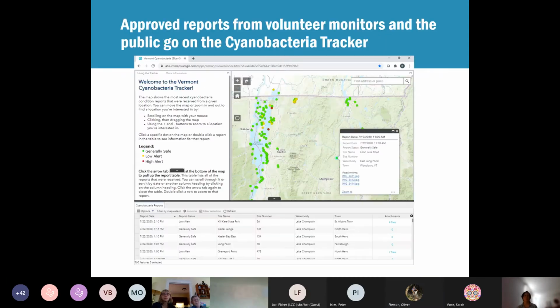So going back to reporting the blooms to the health department, all of the bloom reports that come in from the public as well as from the trained monitors are reviewed by partners at the health department, the Department of Environmental Conservation, and the Lake Champlain Committee. And so we're looking at the report, the description you provided, and the photos that you provided, most importantly.